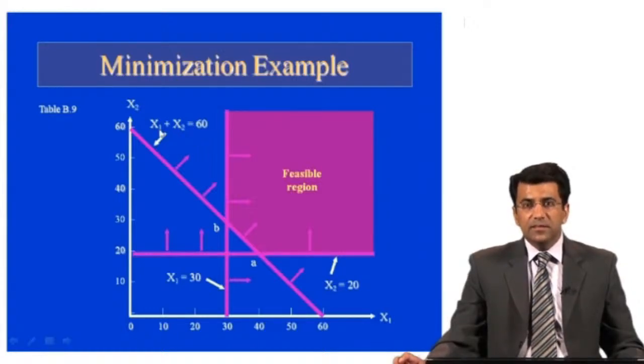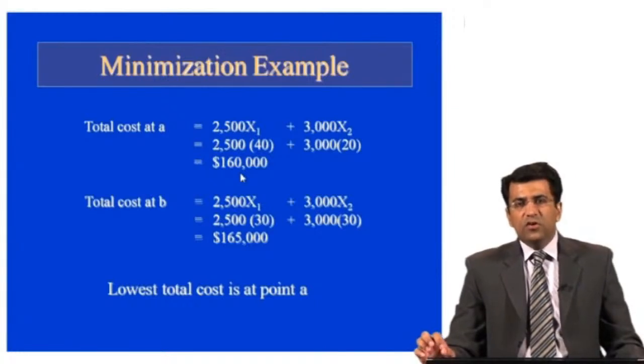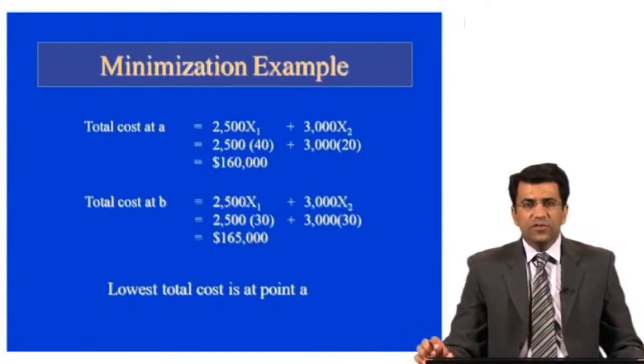Okay? So that is point A actually, and if we put that point, that is x1 equal to 40 and x2 equal to 20, in the cost function, we will get the value of the cost function equal to $160,000. So you see what we did: we identified the corner point, which was the intersection of two different lines.